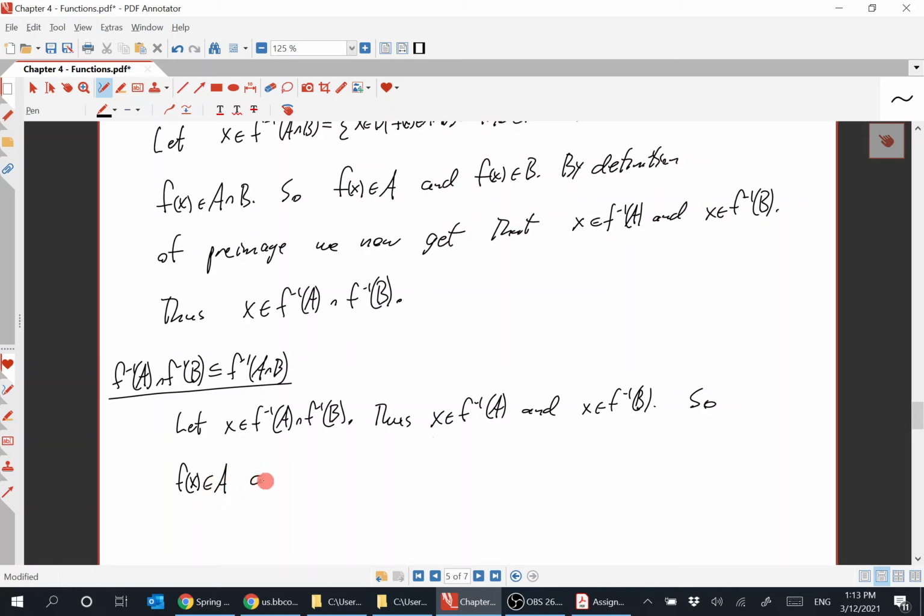f of x is in A, and, well, because x is in the preimage of B, where else is f of x? And B. Yeah. All right, so f of x is in A and f of x is in B, so f of x is actually in what?